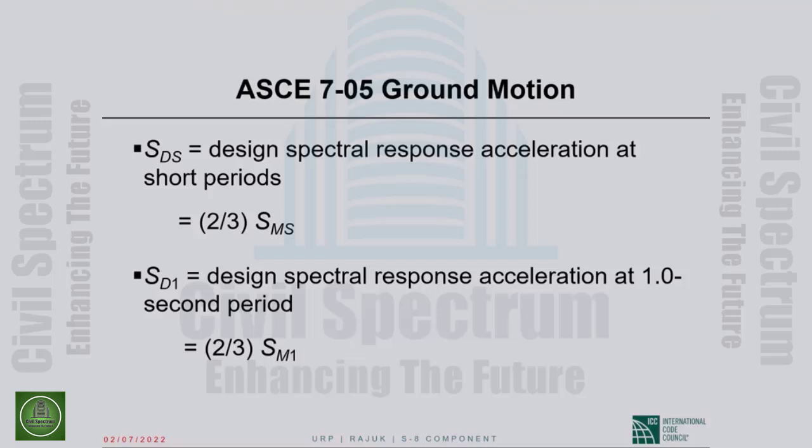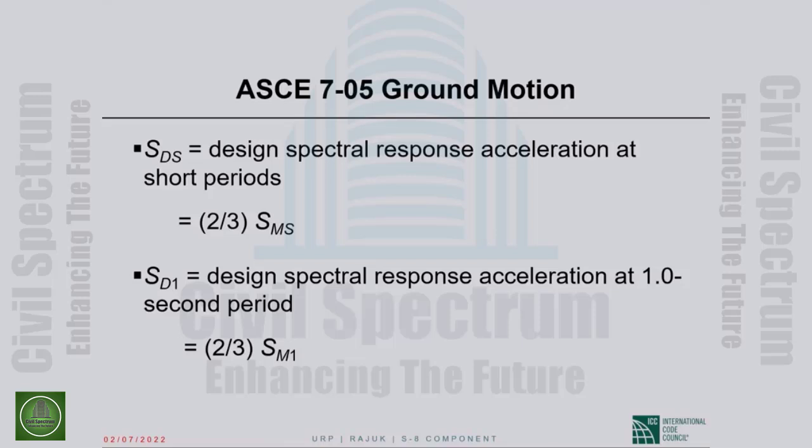So we believe that buildings designed by the 1973 UBC or subsequent building codes are unlikely to collapse on us until earthquake ground motion equals and then exceeds 1.5 times the design earthquake ground motion of those days.